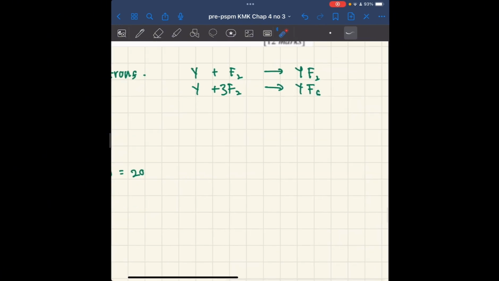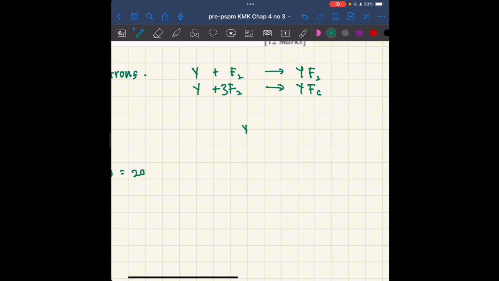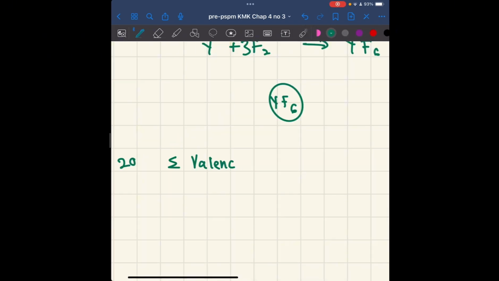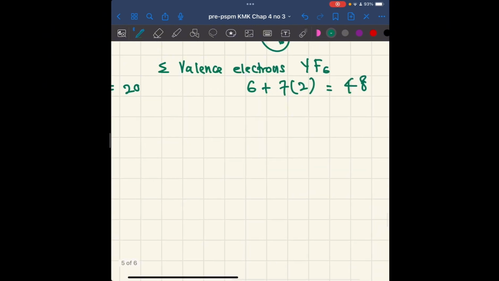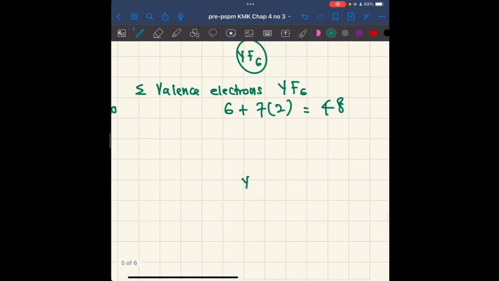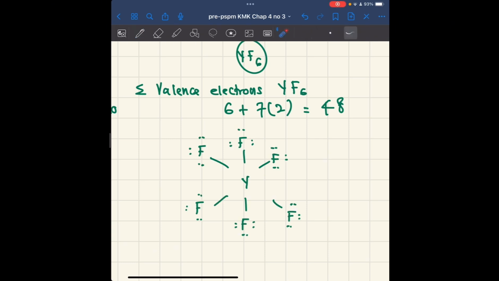So for compound YF6, the central atom is Y, and then the terminal is fluorine. Before we put another electron at the central atom, we have to calculate all the electrons.